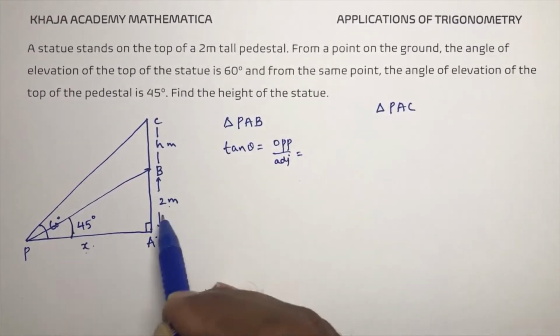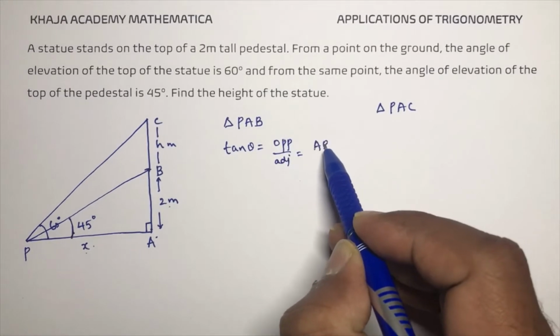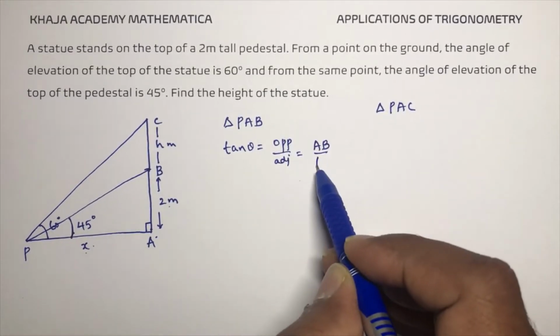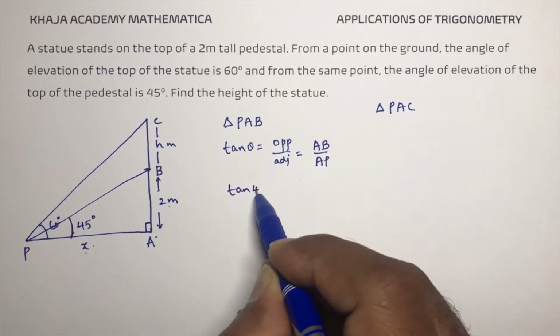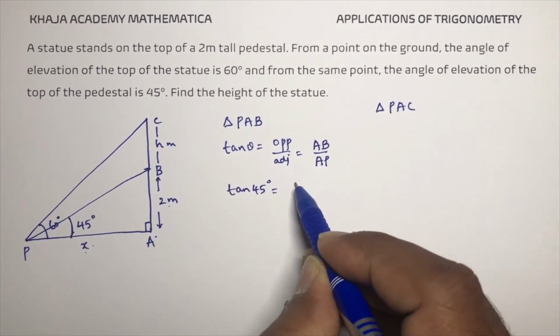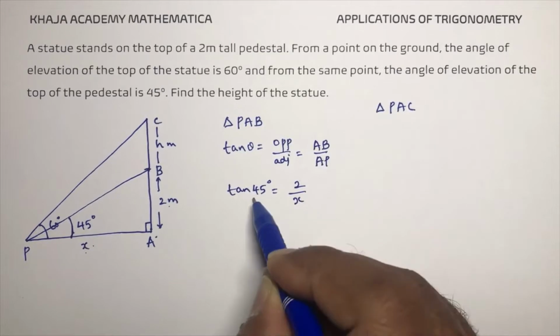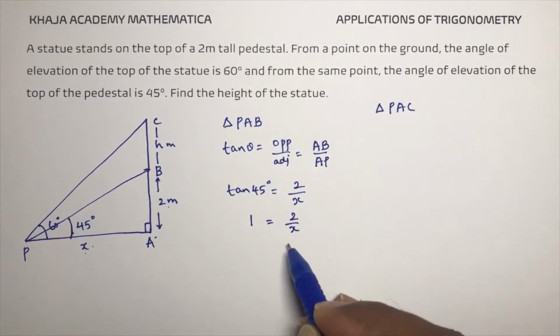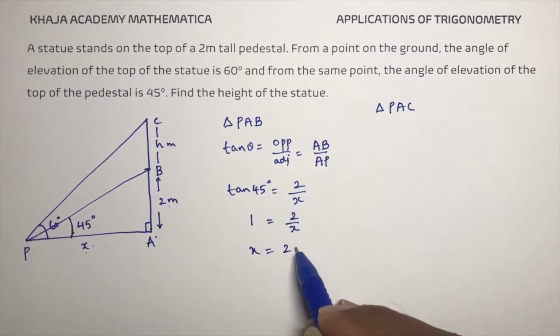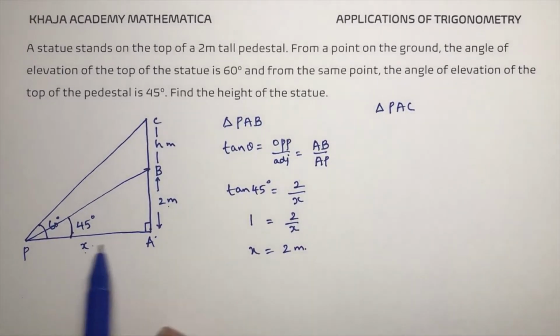For this 45, opposite is AB, adjacent is AP or PA. Tan 45 degrees equals 2 by x. Tan 45 value is 1 equals 2 by x. So x equals 2 meters. So AP value is also 2 meters.